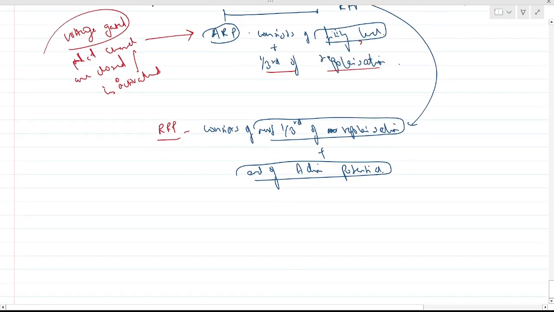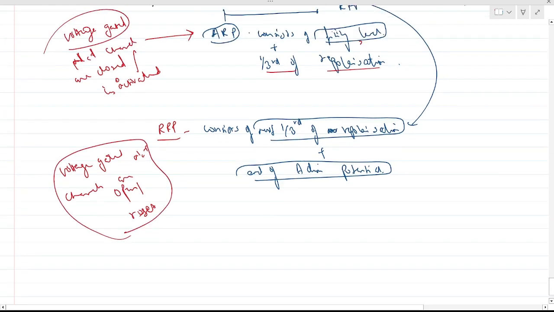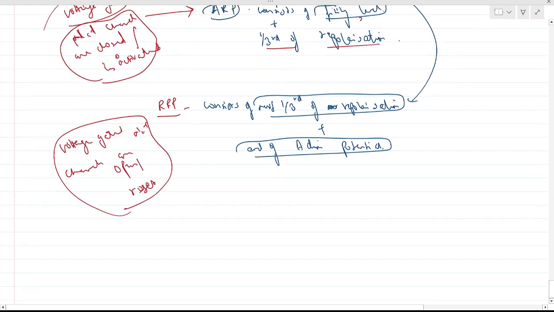Okay, here in this relative refractory period, remember the voltage gated sodium channels are open or at reset. Voltage gated sodium channels are open, in contrast to the sodium channels being closed in the absolute refractory period.